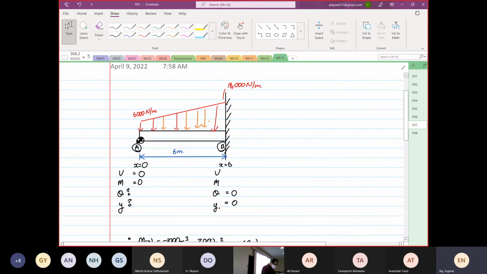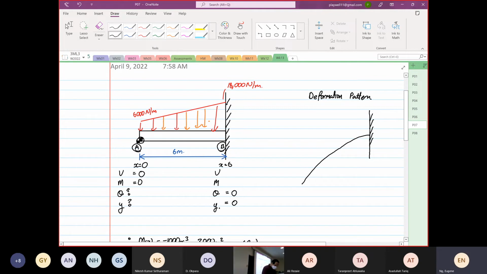If we look at the deformation pattern, the structure will deform this way. In fact, at this end over here, it should be a bit flat.